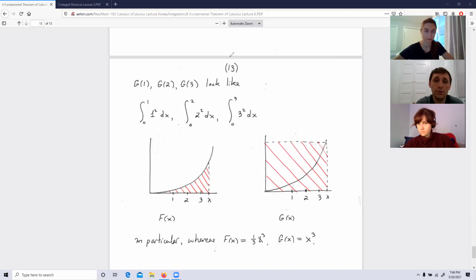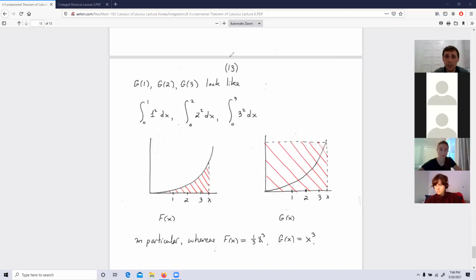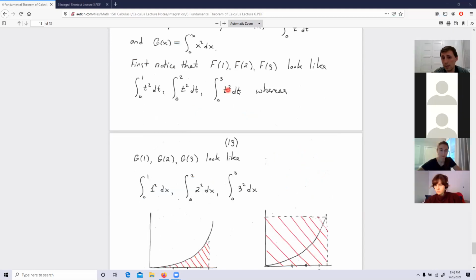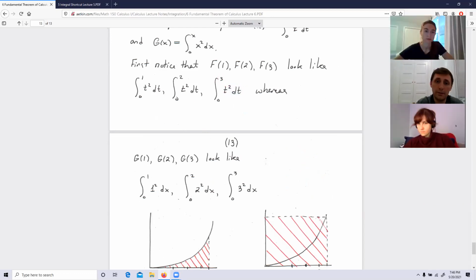So to avoid unintended miscommunications, you switch it to t or to some other letter, so that you know that you only replace the bound of integration, but you don't bother the function. Is the explanation clear enough? Yes, so that's only technical, really. That's all it is, nothing more.